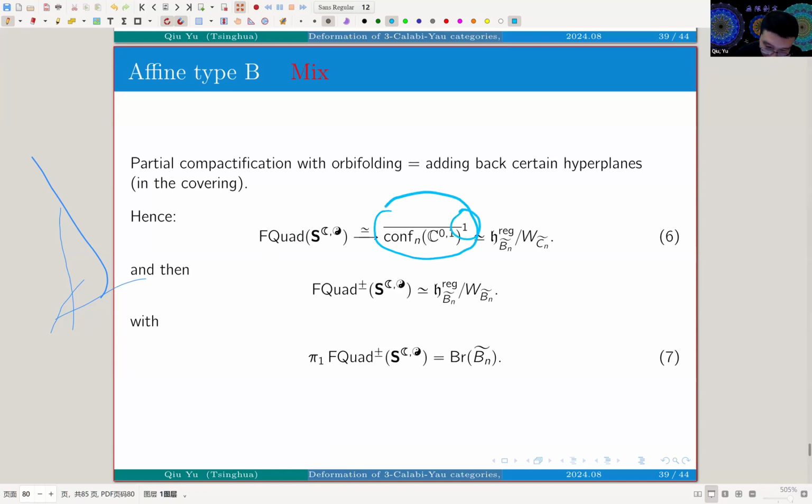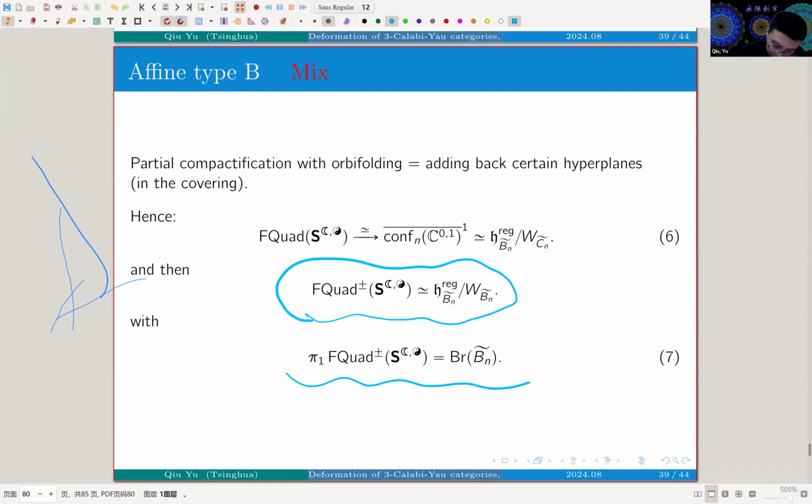What we mean is that we can allow the configuration of zeros to collide with the double pole at 1. Then what we get is a hyperplane arrangement of type B, and the pi1 of this model space corresponds to the affine braid group of type B tilde. So that's from type C to B.